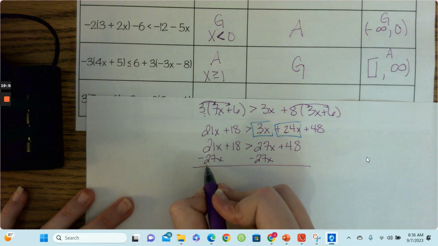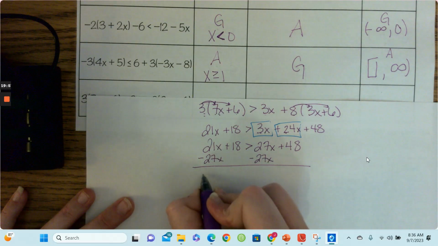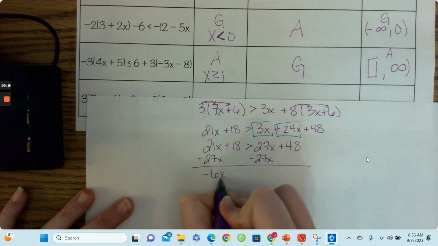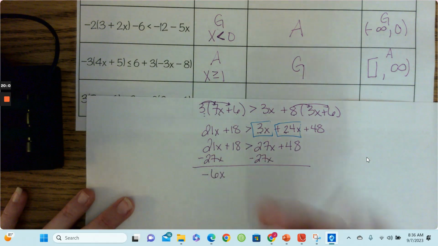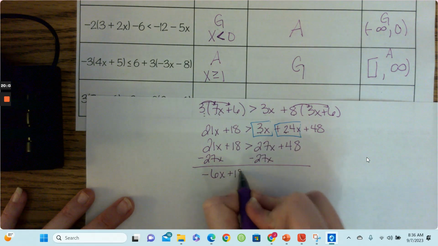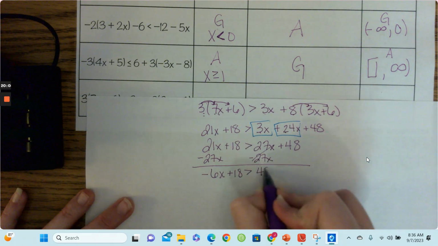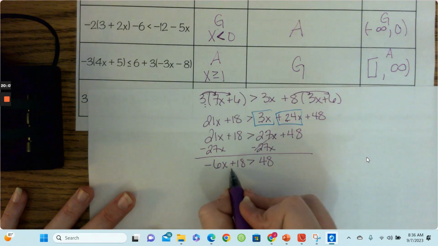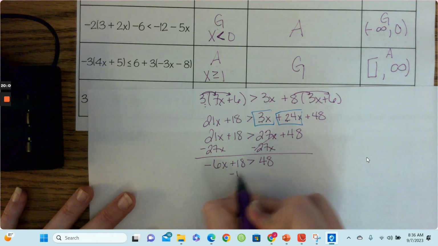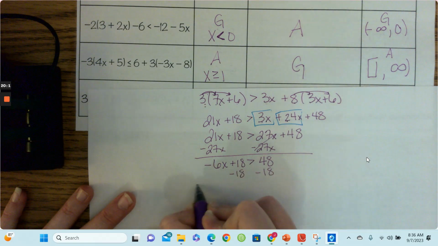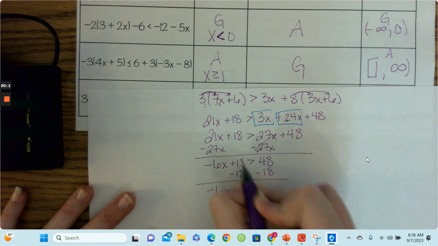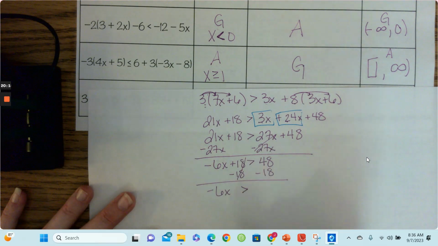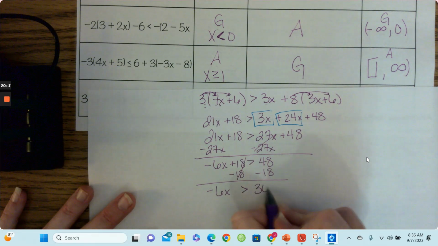Positive 21 minus 27 is negative 6. Again, use the calculator for those basic little integer operations. It's okay. Move our plain numbers, so we're going to subtract 18 from both sides. 48 minus 18 is 30.